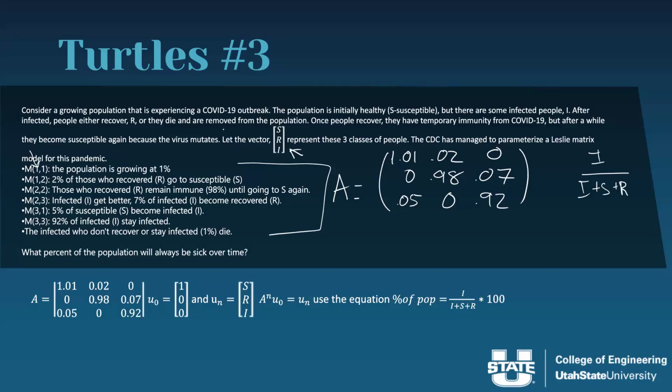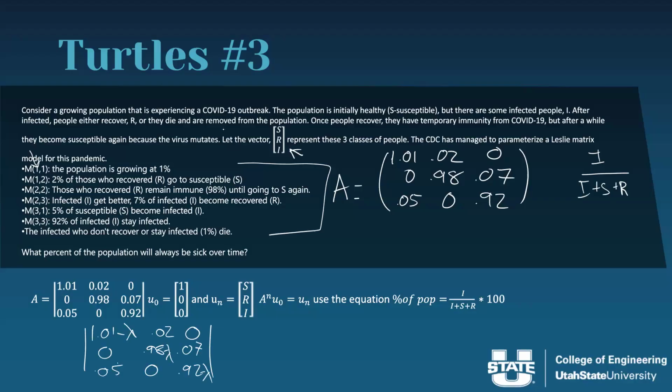Okay, awesome. So the first thing I need to do is find my eigenvalues. Now, I'm not going to go through the entirety of solving all these eigenvalues because it gets super duper nasty. But how you do it is you take 1.01, 0.02, 0, 0, 0.98, 0.07, 0.05, 0, and 0.92, minus lambdas on all those.